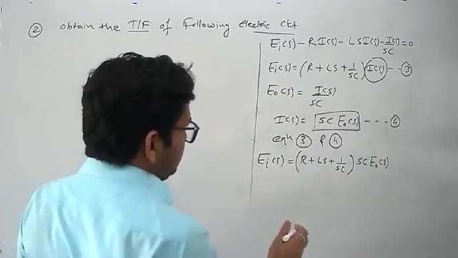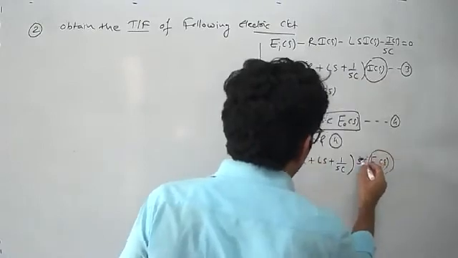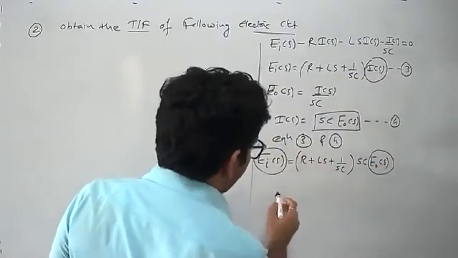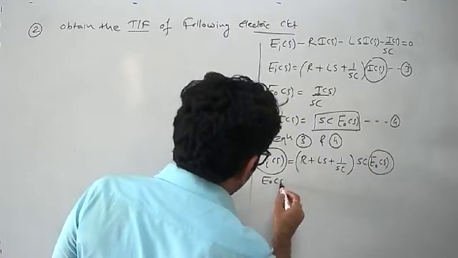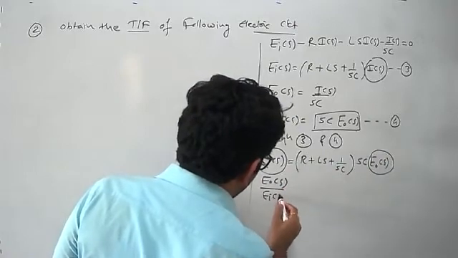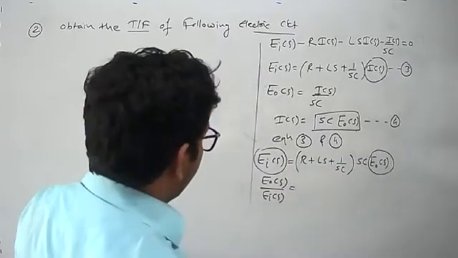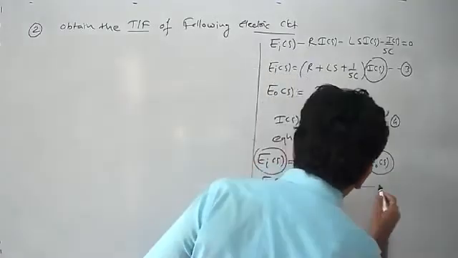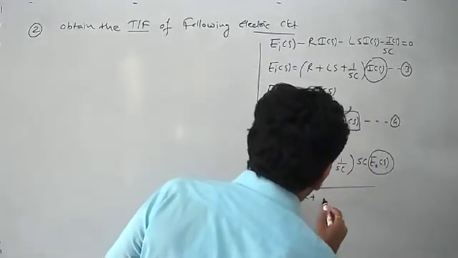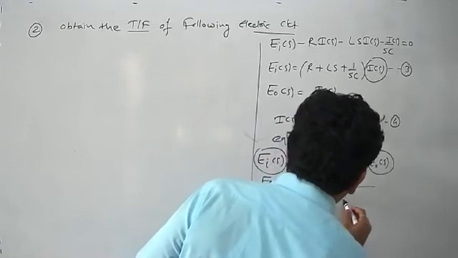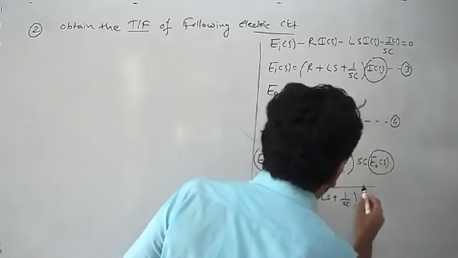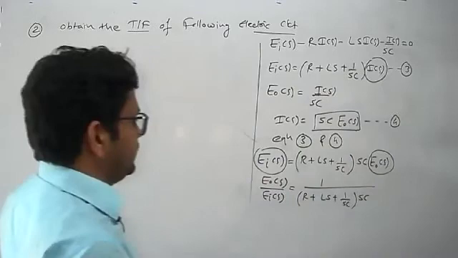So this is our output and this is our input. So if you take output by input, we can write the entire term in the denominator: 1 upon R plus LS plus 1 upon S into C, into SC.